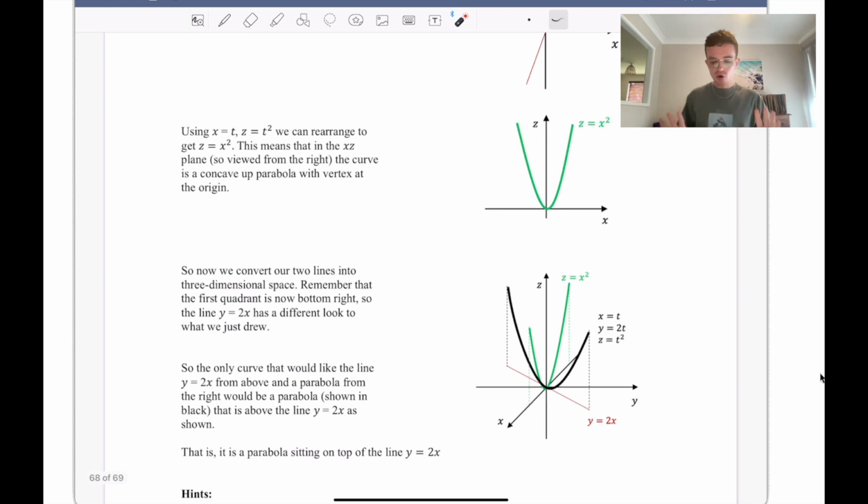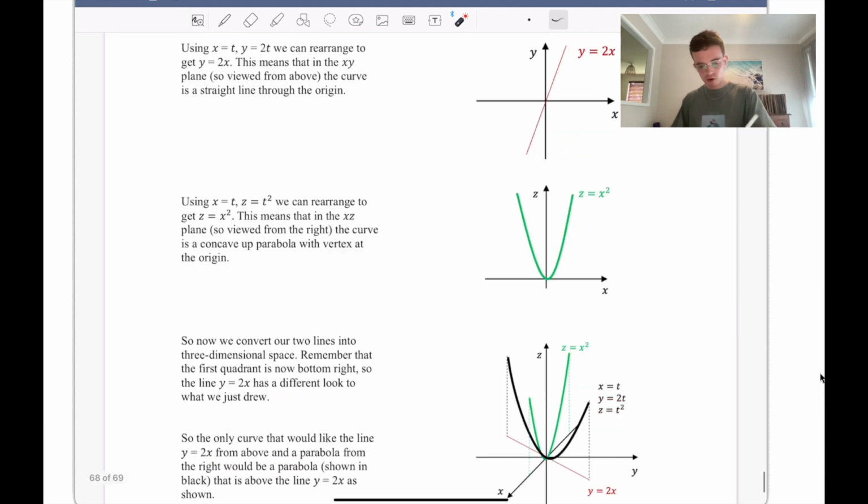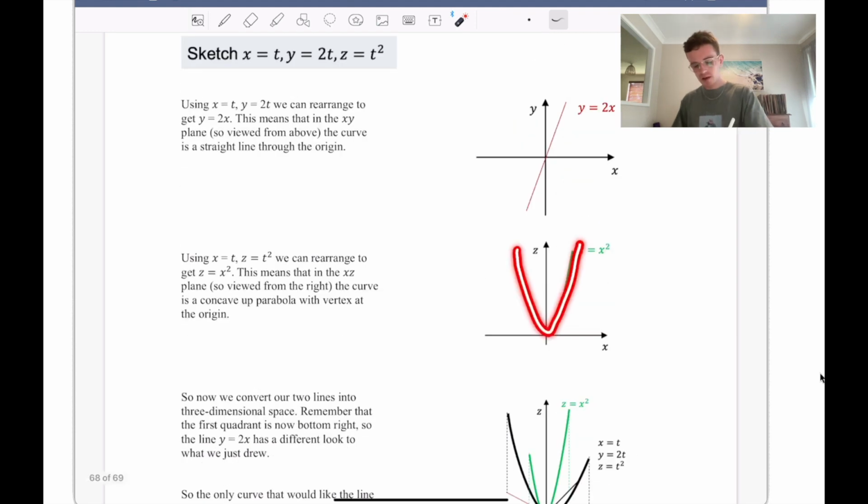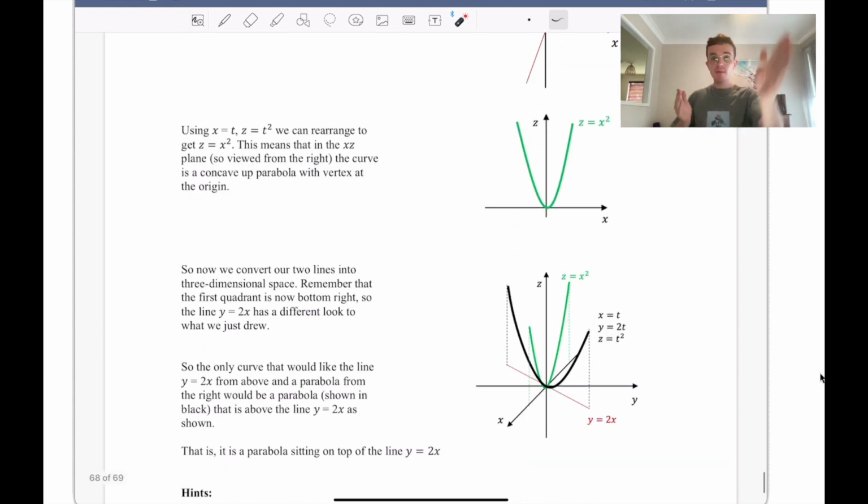But it can't be a normal parabola, because if we looked at this parabola from above, it would just look like this line there. It wouldn't be y equals 2x, it would be the line y equals 0. So since it's the line y equals 2x and it looks like a parabola, it's going to be a parabola, but it's going to be kind of rotated along the line y equals 2x. So the black one would be our answer.